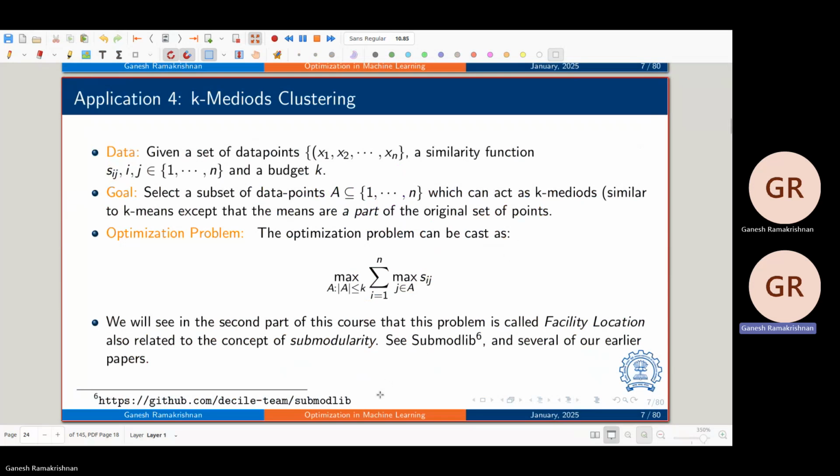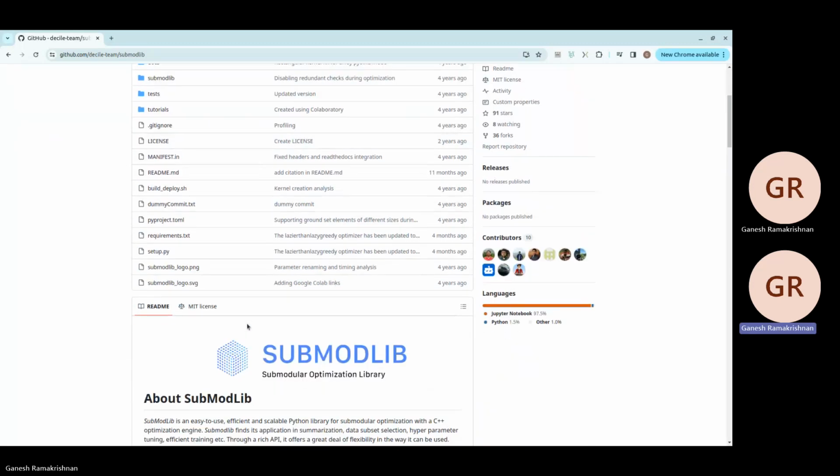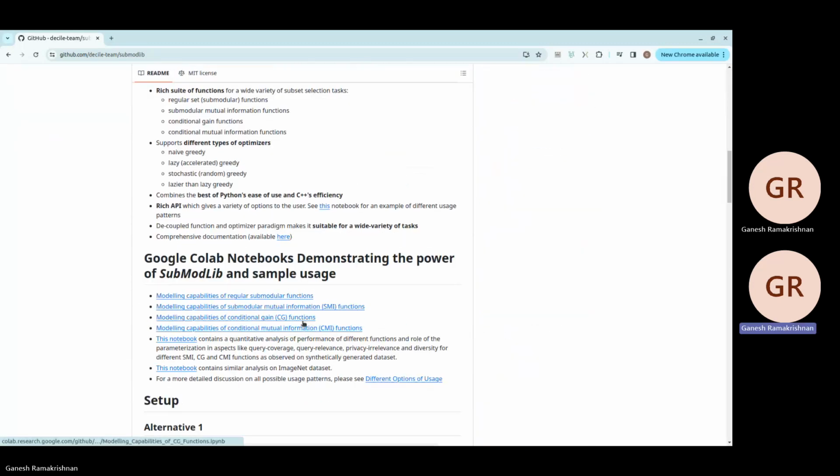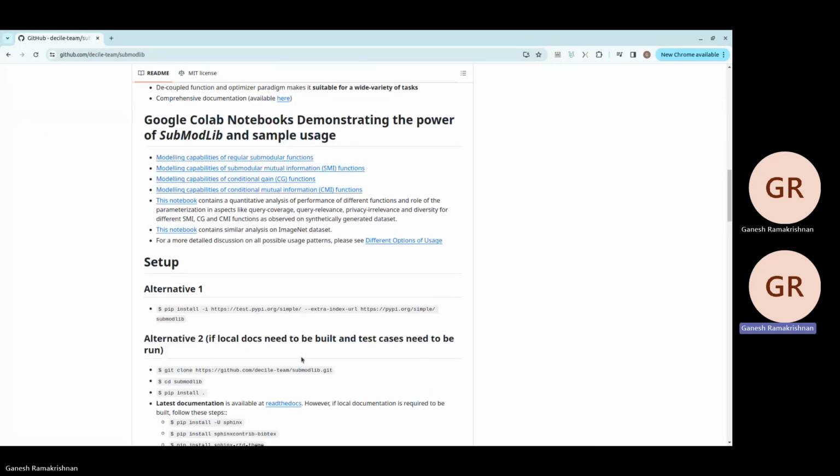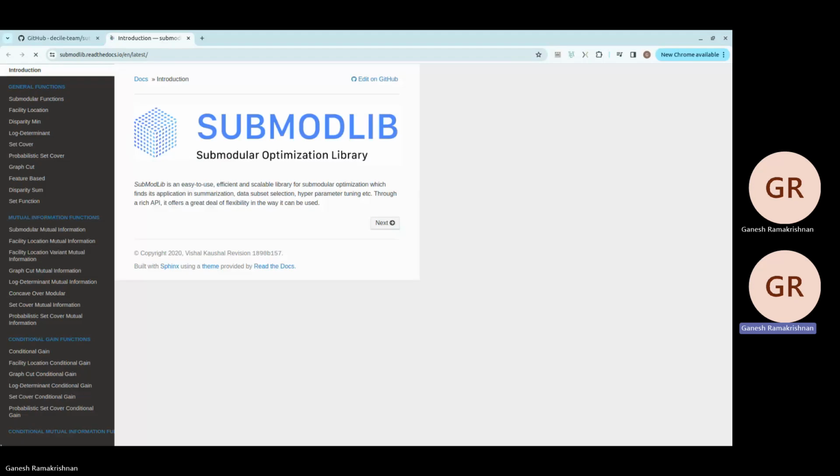If you go to submodlib, I'll just show you the GitHub page here, right? There are the notebooks, etc. But also there's a very detailed read the docs, which will probably give you a lot more insight into the classes of functions.